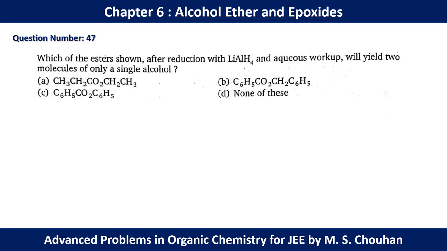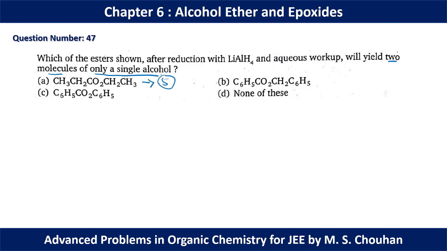In question number 47, which of the esters shown, after reduction with lithium aluminum hydride and aqueous workup, yield only a single product? I have a different approach to solve this question. If we have 2 molecules of a single alcohol, you need an even number of carbons. In option A, you have 1 2 3 4 5 carbons.